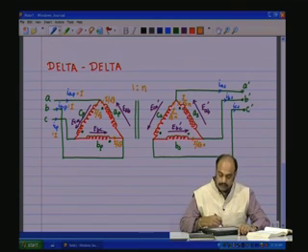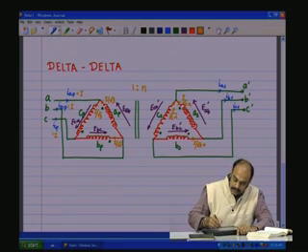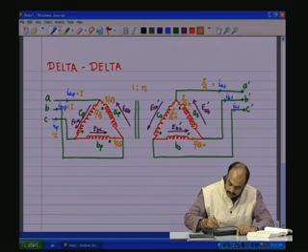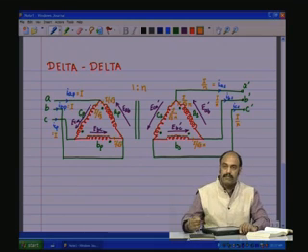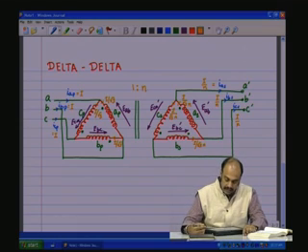So, these are the phase currents in the secondary, and then what comes into the line of the secondary would be root 3 times the phase current, that is I by n, the line currents. So, this is how the current mapping occurs as it flows through the 3-phase transformer topology.